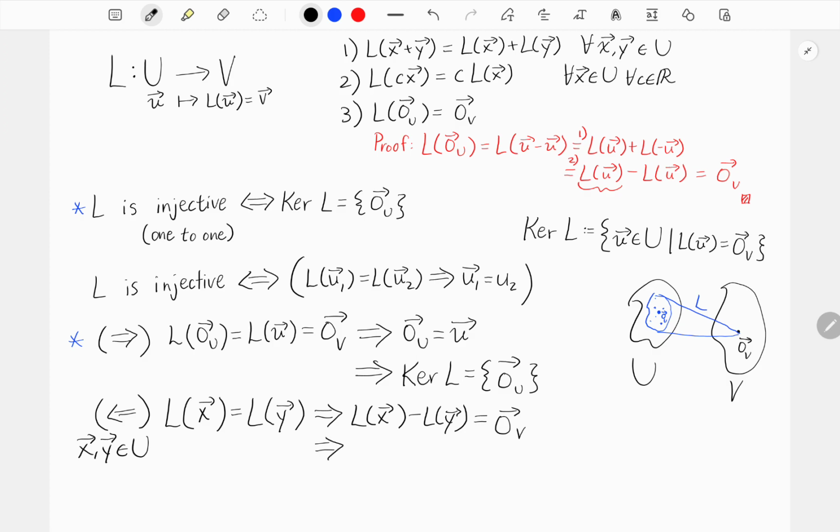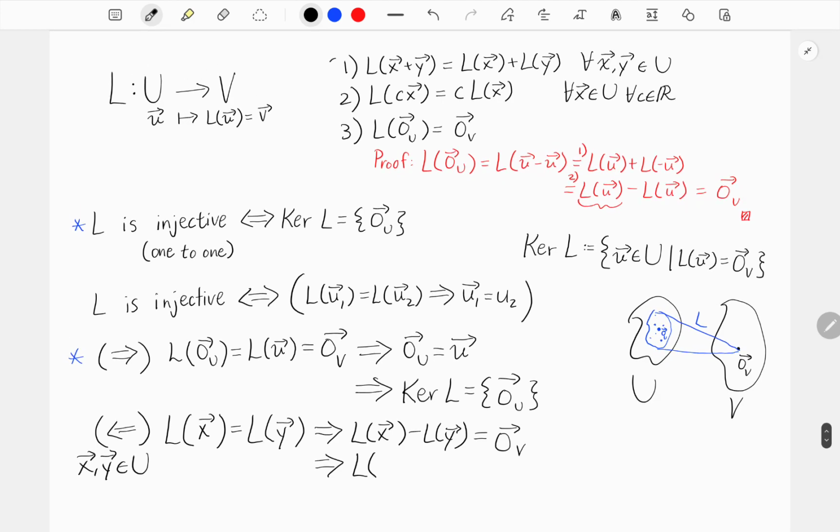This implies that, if you combine properties 1 and 2, going in the other direction where you combine everything instead of breaking it apart, you have L of x minus y, which is equal to 0v.